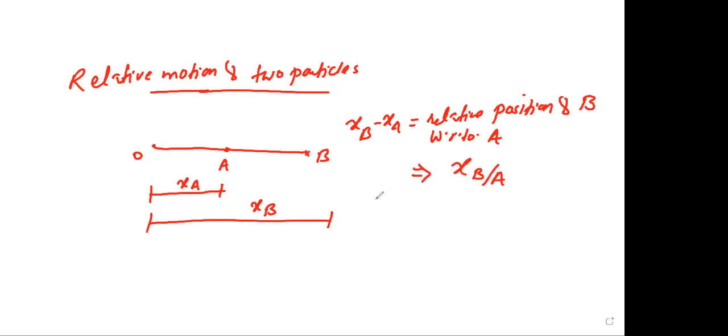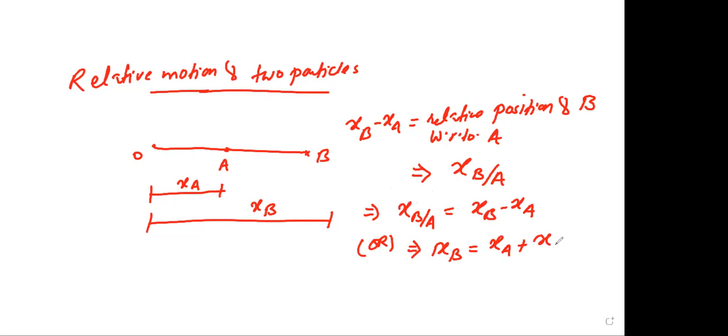So अब हामीले के रिप्रेजेन्ट गरौँ भन्दाखेरिमा XBA means relative position of B with respect to A. That means XBA can be written as XB minus XA, right? Or what you can do is you can write XB equals to XA plus XBA.